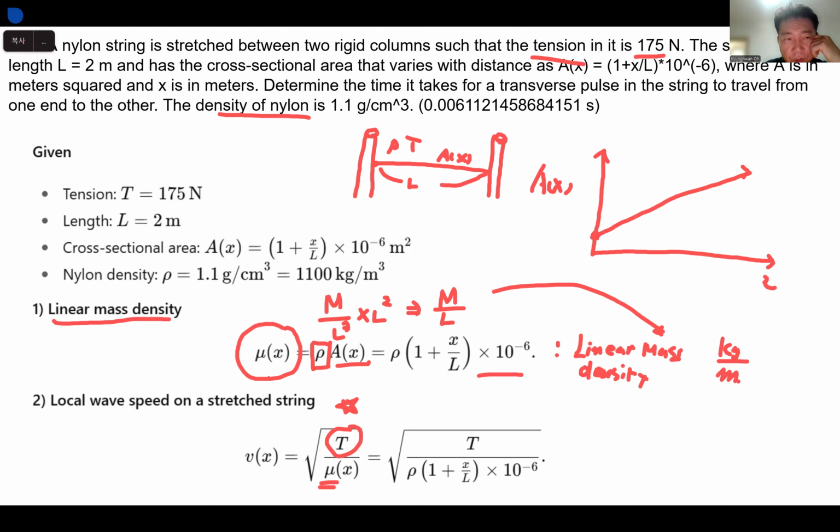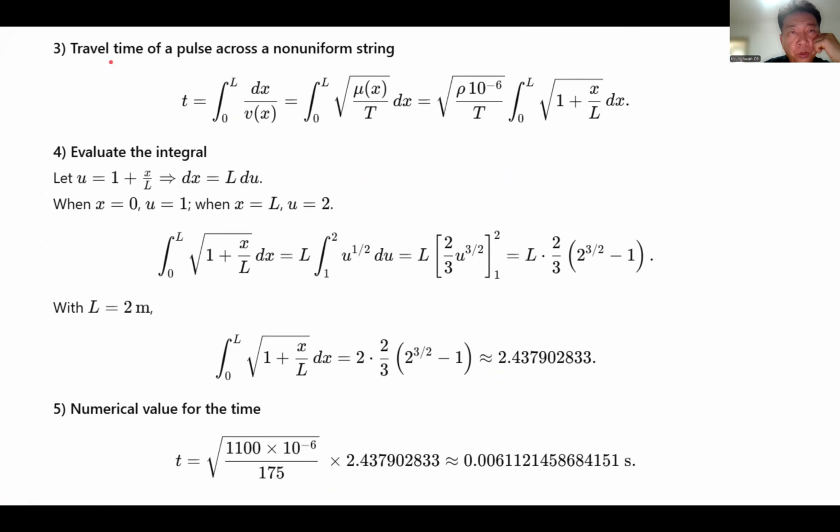And then for this linear mass density, the wave speed on a stretched string will be given as a function of T, x and rho. And then the time for a pulse to travel across the non-uniform string might be a little bit tricky, but if you think about it, v is dx over dt. Now v is a function of x.